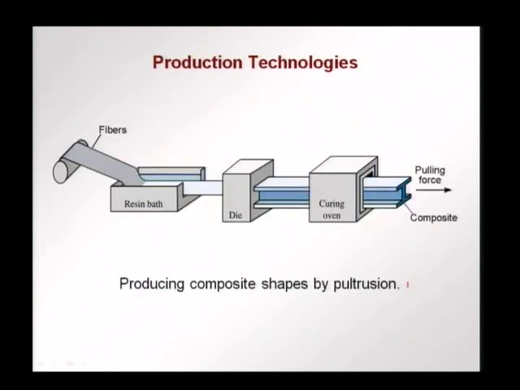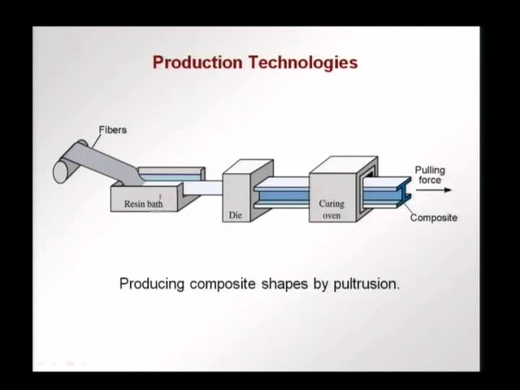We can also have extrusion and pultrusion. Pultrusion is where instead of the material being pushed out, it is pulled out. Here you see the pulling force, and this is called pultrusion, but it is similar in concept to extrusion. So what we have is a die which is giving the shape or the cross section that is required, and then the element is cured before we get the final composite.